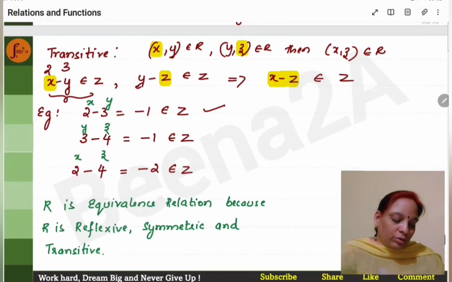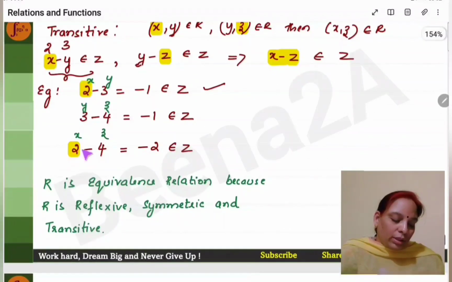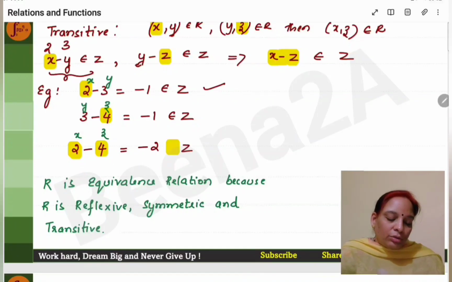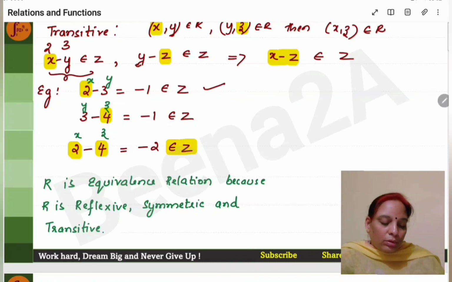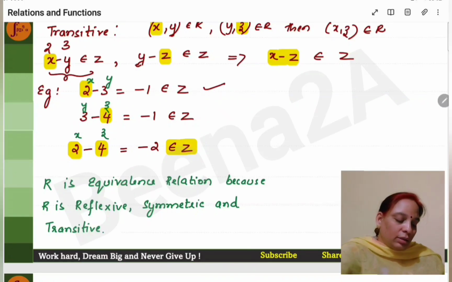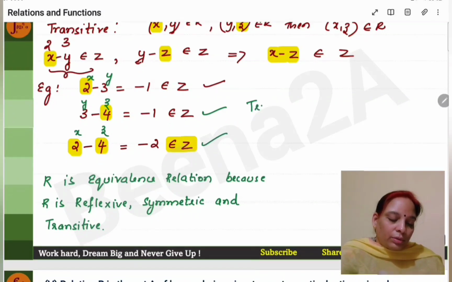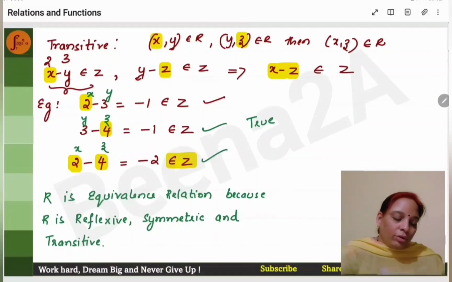So 2 minus 4 is minus 2, which belongs to Z. So if you take an example also, you can prove that the relation is true. All these three are true. Therefore, you can say R is transitive.